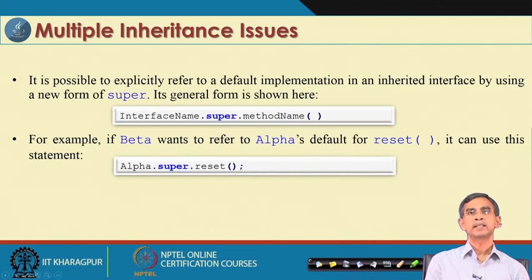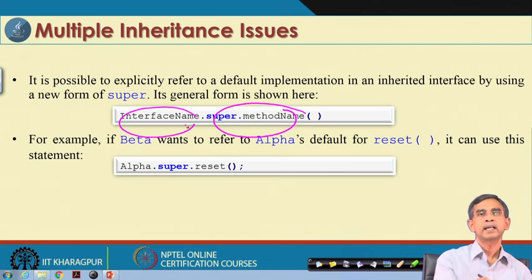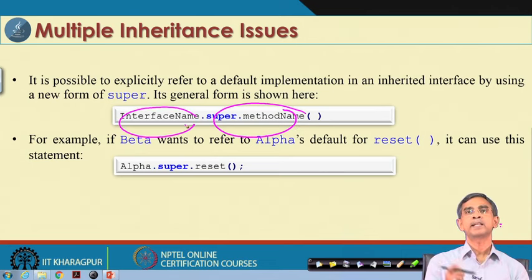Okay. If you want to specify explicitly some interface, then again the super keyword can be used. For example, using super with the interface name and method name, we can resolve the ambiguity if any.